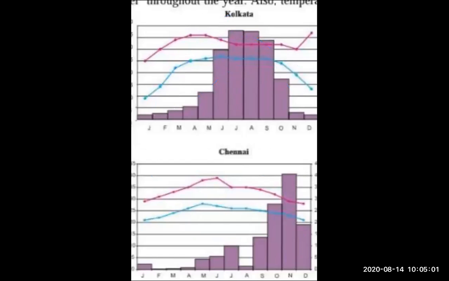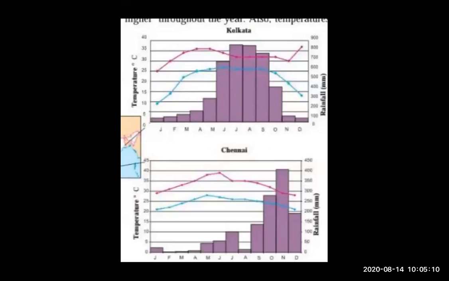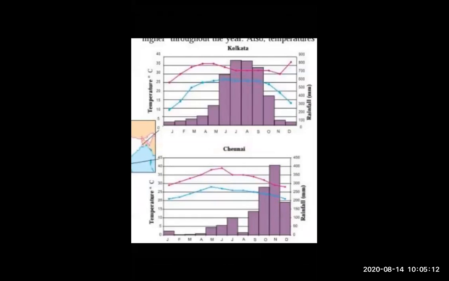Okay. So in Kolkata, what is the minimum? Just 1 minute. In Kolkata, what is the minimum temperature in degrees Celsius? That is 15. And what is the maximum?